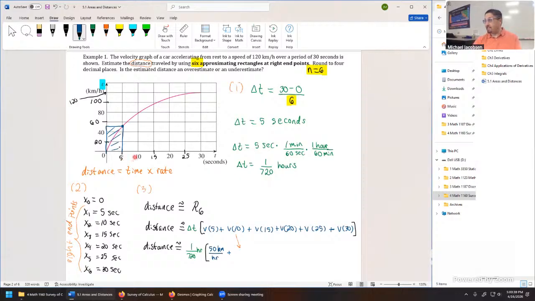Next approximate rectangle at time 10 seconds. Height here looks like it's just shy of 80 kilometers per hour, but we're visually estimating, so I'll call it exactly 80 kilometers per hour plus 80 kilometers per hour.